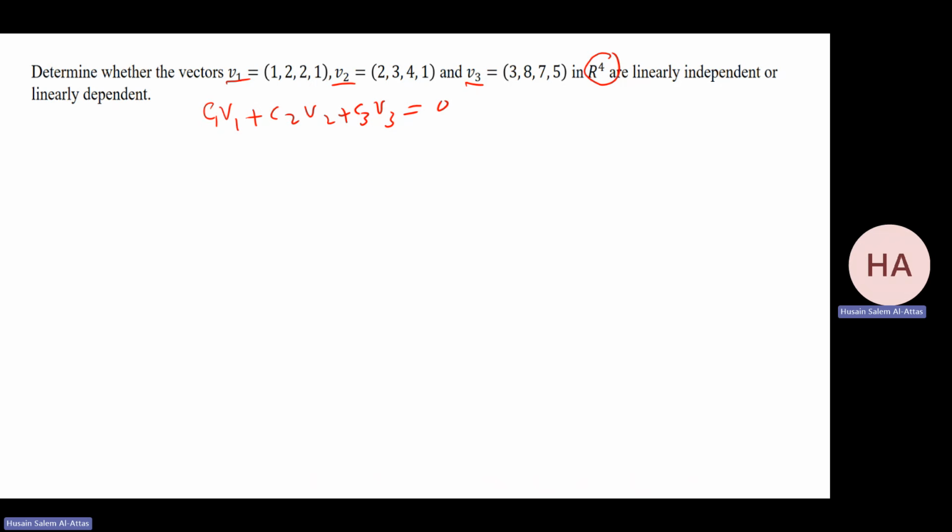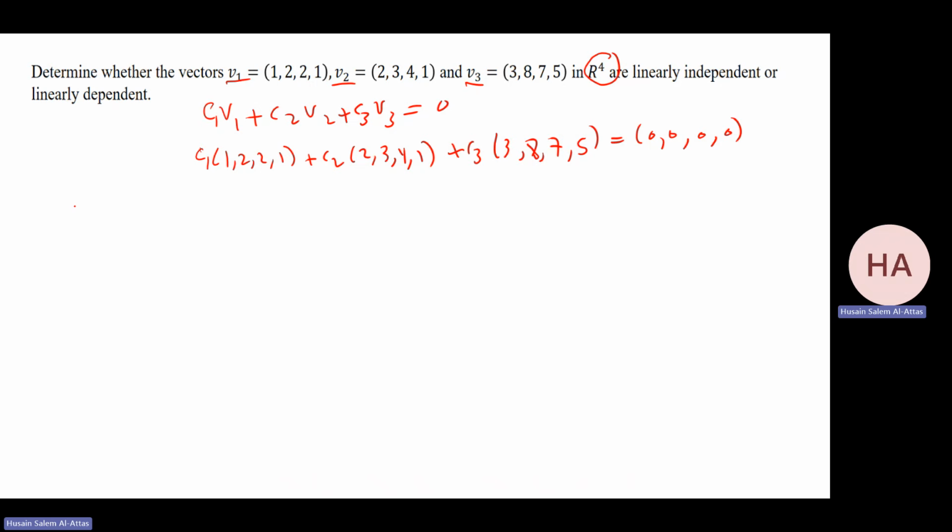If all the C's are zeros, it means they are linearly independent. Okay, we need to solve the system. So the system is C1 times (1, 2, 2, 1) plus C2 times (2, 3, 4, 1) plus C3 times (3, 8, 7, 5), equal to (0, 0, 0, 0).